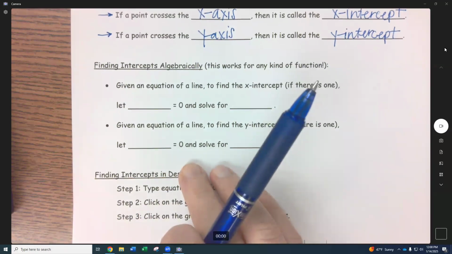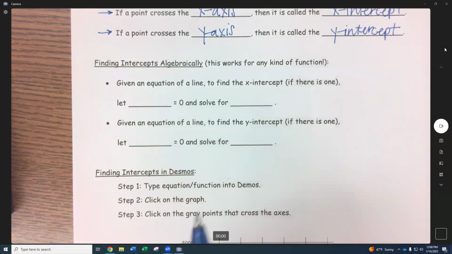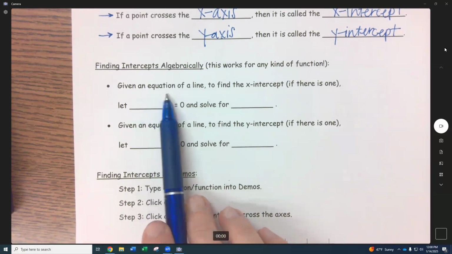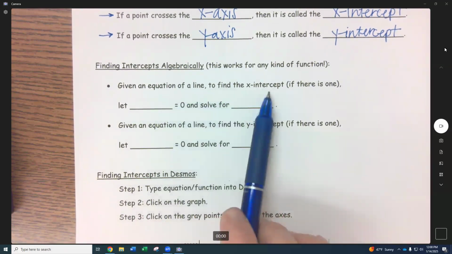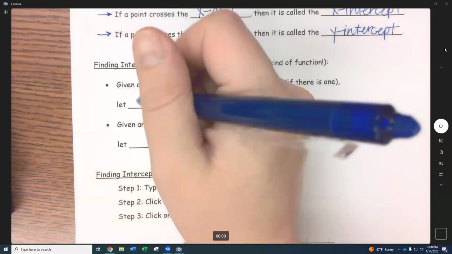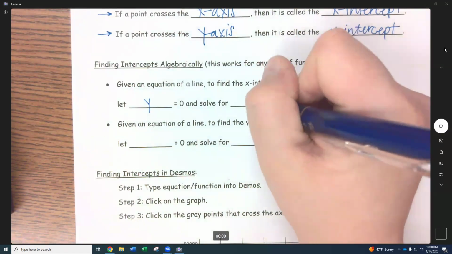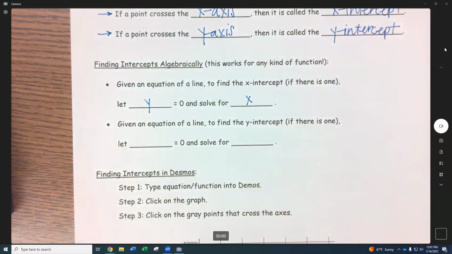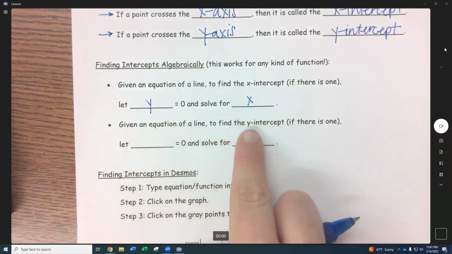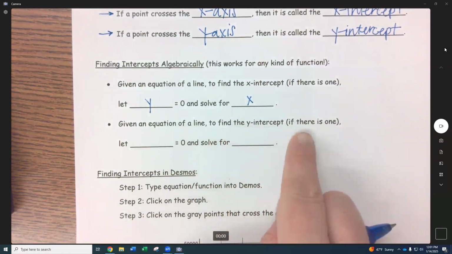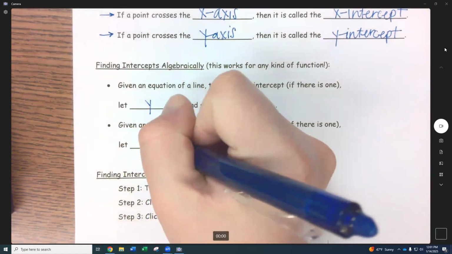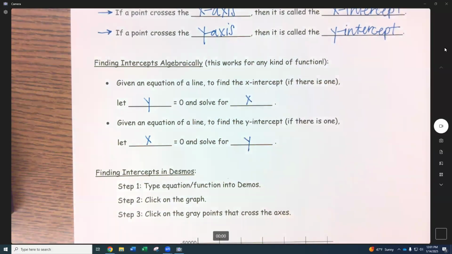The same thing works for all of these functions. But for us specifically on these linear, when given an equation of a line, to find the x-intercept, if there is one, we will let y equal 0, and then we will solve for x. So then opposite. If given an equation of a line to find now the y-intercept, if there is one, we're going to let x equal 0, and then solve for y.